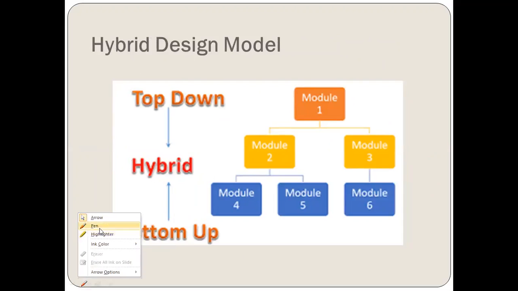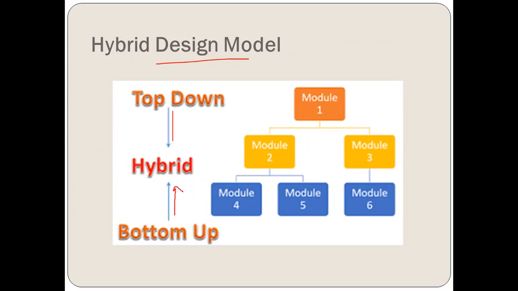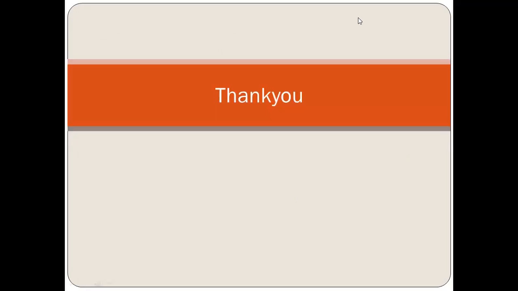And when I say hybrid model, I mean we are using both the top-down plus the bottom-up approach wherever and however it is needed. That means in the designing of a single system, we can use the top-down, and in addition we can use the bottom-up approach also. So that is what the top-down and bottom-up approach defines.